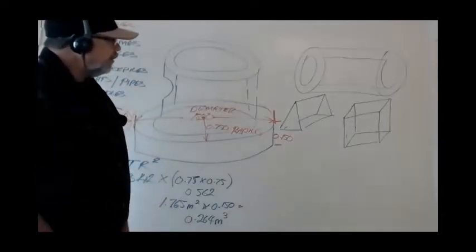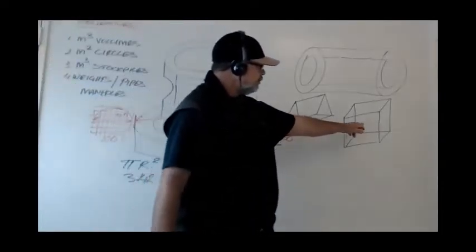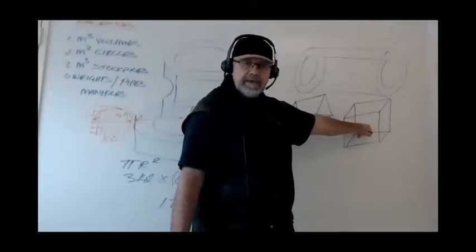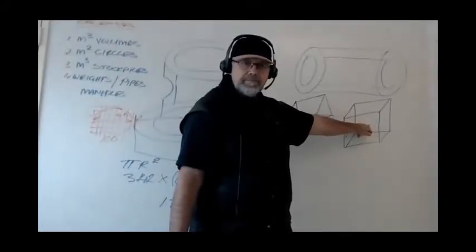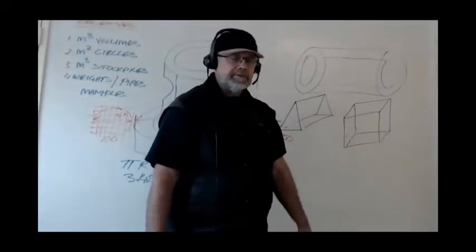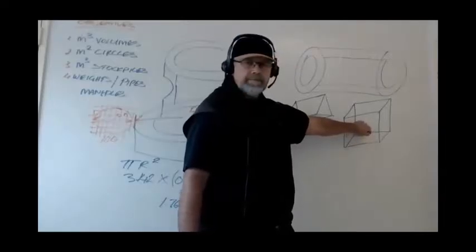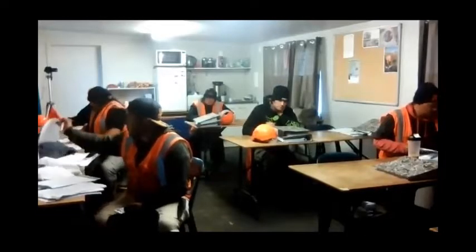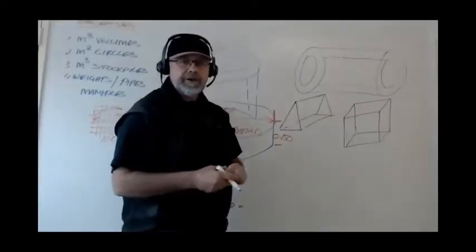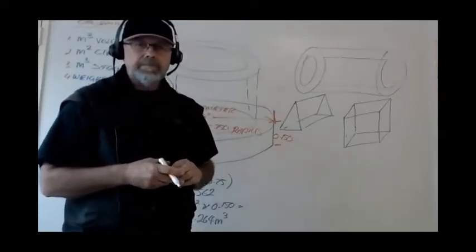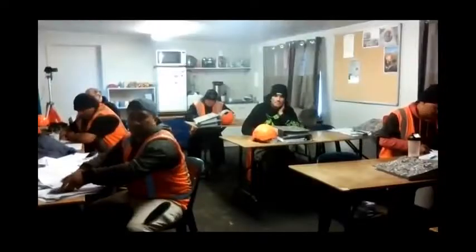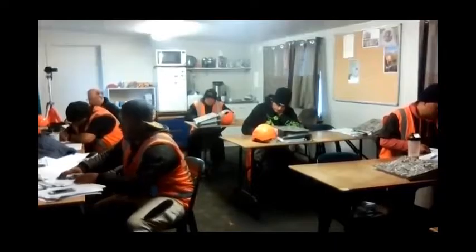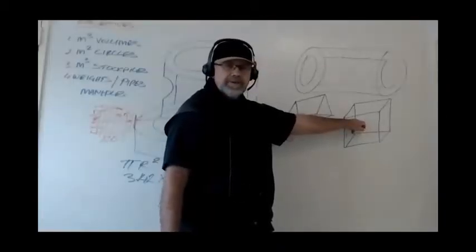So what I want you to do, can you guys draw one of these cubes for me on another bit of paper? You just get another bit of paper, or just turn it over if you want, and draw one of these cubes. So just draw a square.